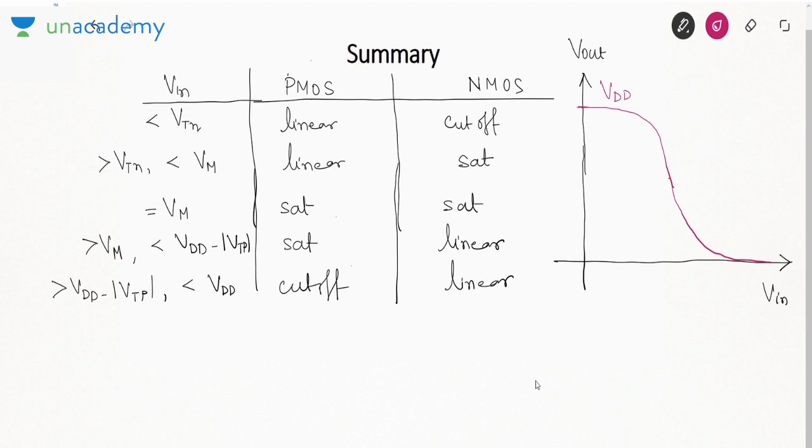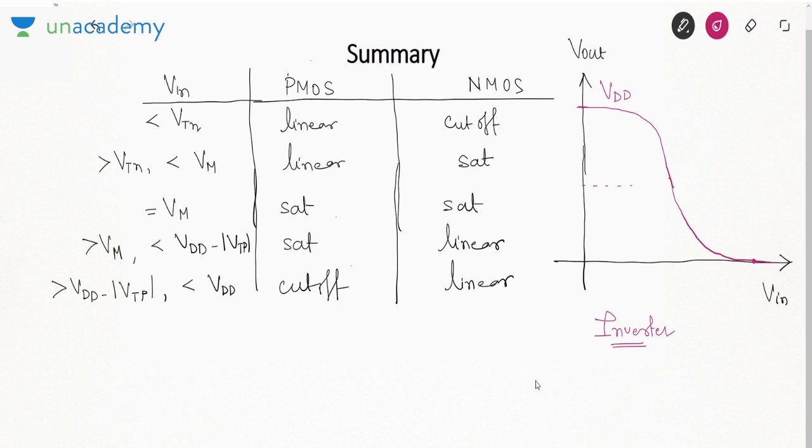Okay, something like this. So when input voltage is low, output voltage is high. When input voltage is high, output voltage is low. That is why it is called an inverter. This is one of the most important circuits in our electronic circuits, that is the CMOS inverter.